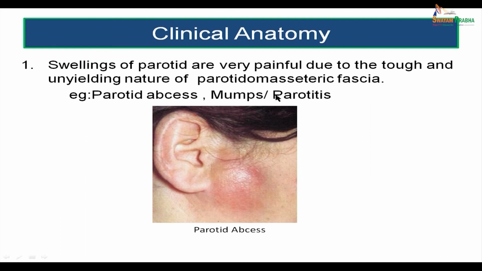They are painful because of the covering, the parotidomasseteric fascia, which is very tough and unyielding. So, why do we get these swellings? We can get these swellings due to an abscess called parotid abscess, or inflammation of the parotid gland, parotitis or mumps.